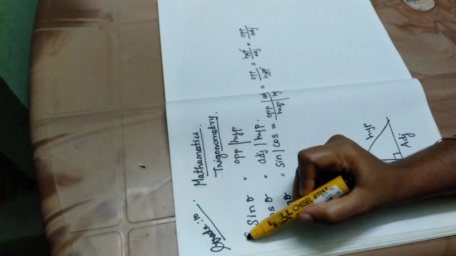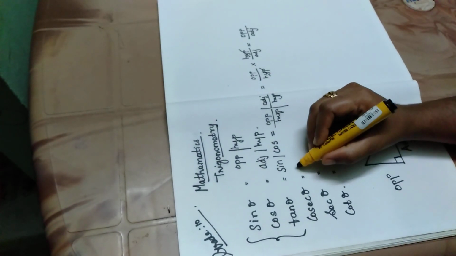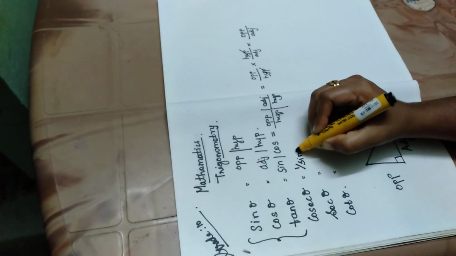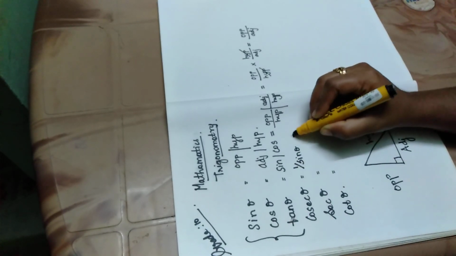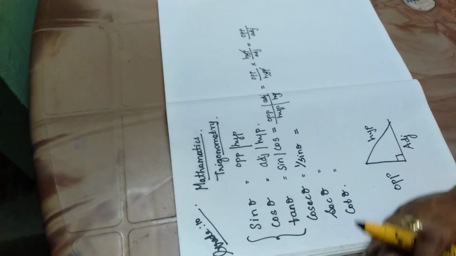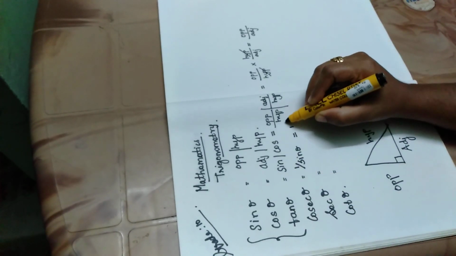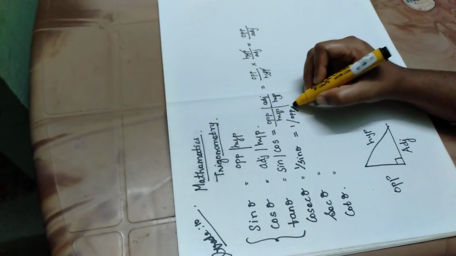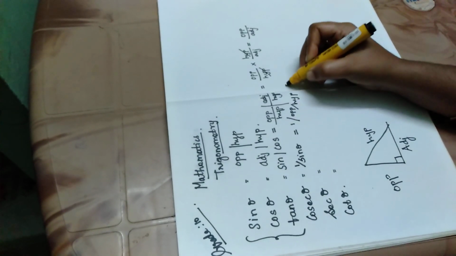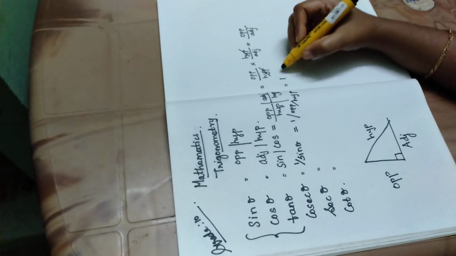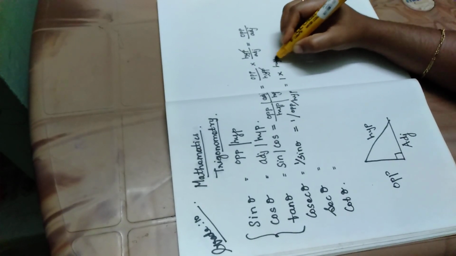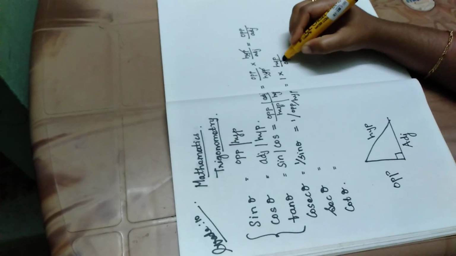If you know these three, the remaining three are easy. Cosecant has a common formula: 1 by sin theta. So 1 divided by opposite by hypotenuse. Division changes into multiplication with the reciprocal, that is hypotenuse divided by opposite.